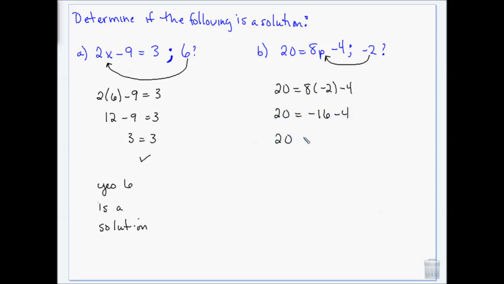So 20 is equal to negative 20. Nope. So negative 2 is not a solution. Okay. So a solution makes it true. If you plug in a solution that you've been given and it's not true, it's not a solution.